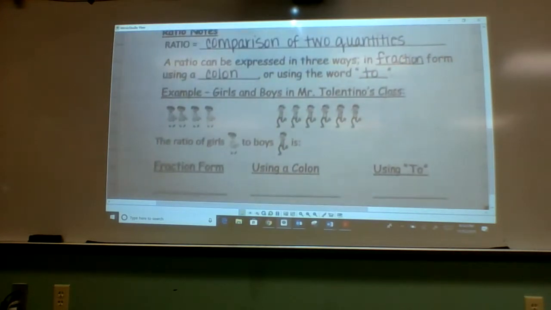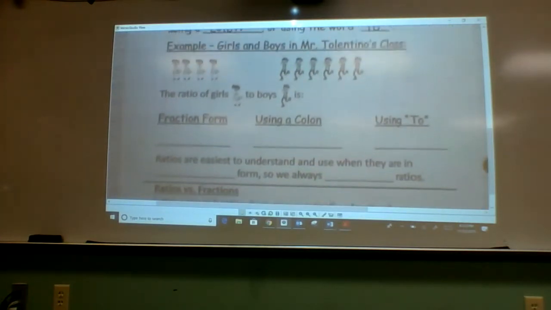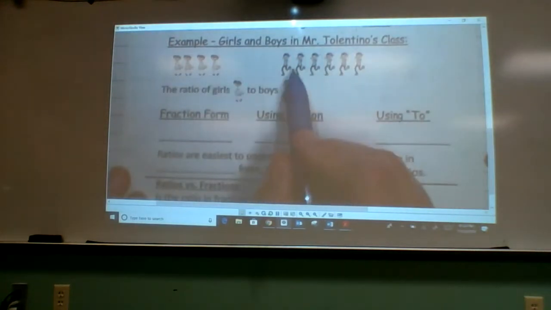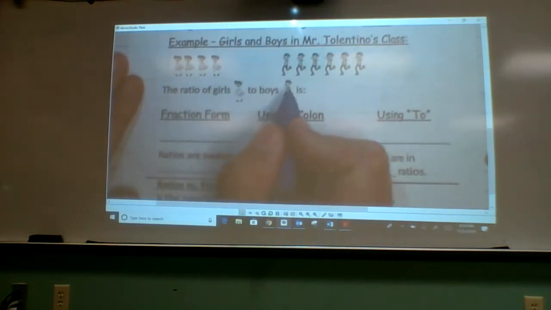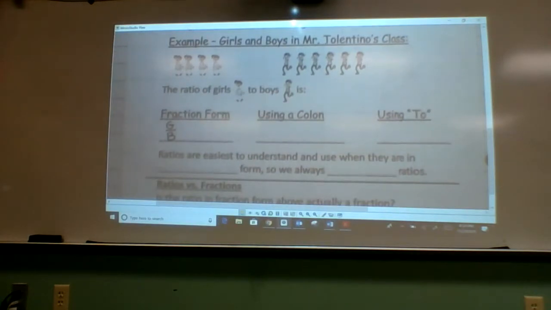And again, if you need to pause and fill in blanks, you can as you go. Here's an example of girls and boys in Mr. Tolentino's class. As you can see, we have 4 girls and we have 6 boys. If we were to write the ratio of girls to boys in fraction form, we're going to put labels next to them, G for girls and B for boys, because we always want to include a word ratio.